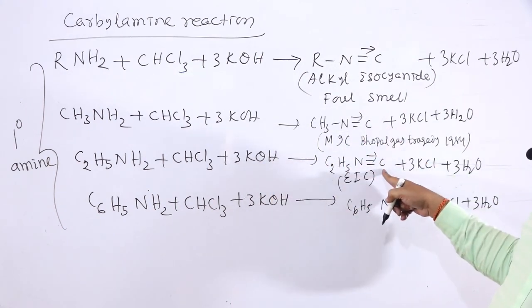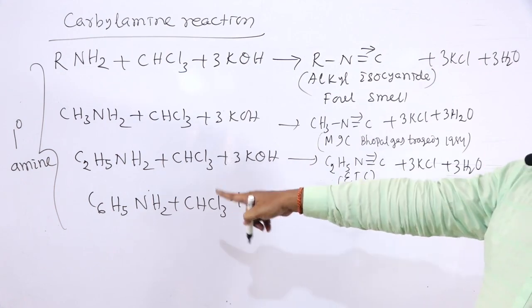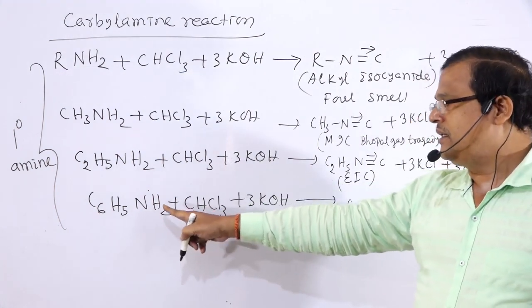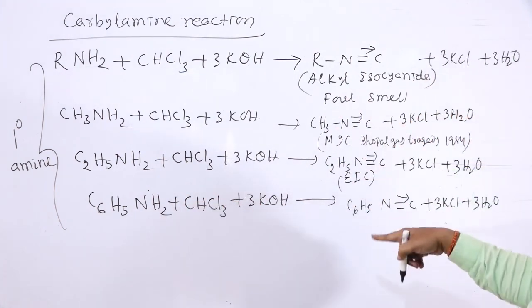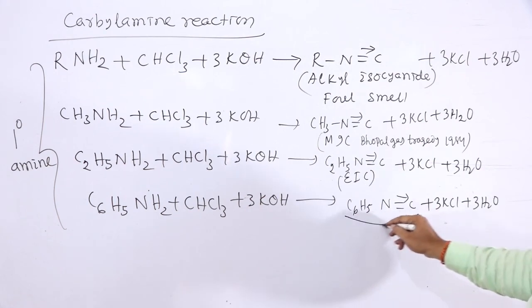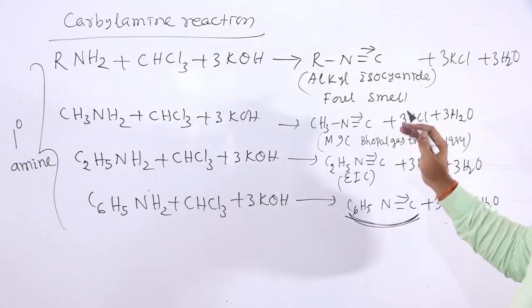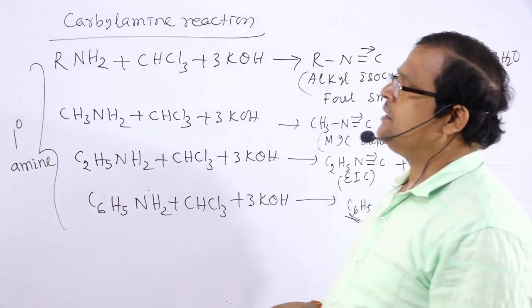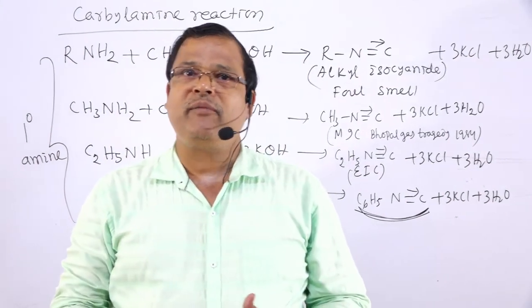Ethylamine forms ethyl isocyanide, and phenylamine, an aromatic amine, also responds to the carbylamine reaction, forming phenyl isocyanide. So this is regarding some properties of aliphatic amines.